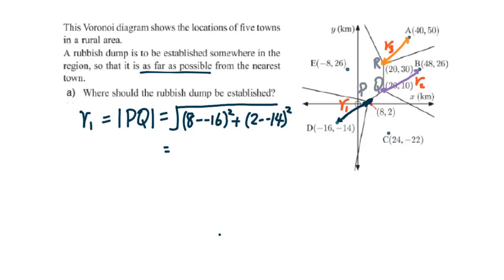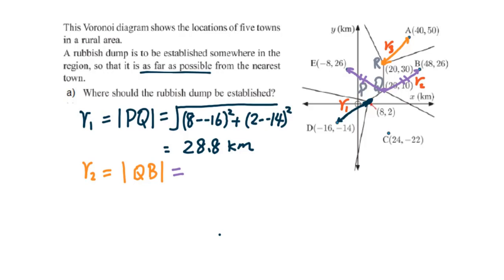So we put it into the calculator: 28.8 kilometers. For R2, you will get the absolute value of QB. You could also choose QE. It's the same distance.